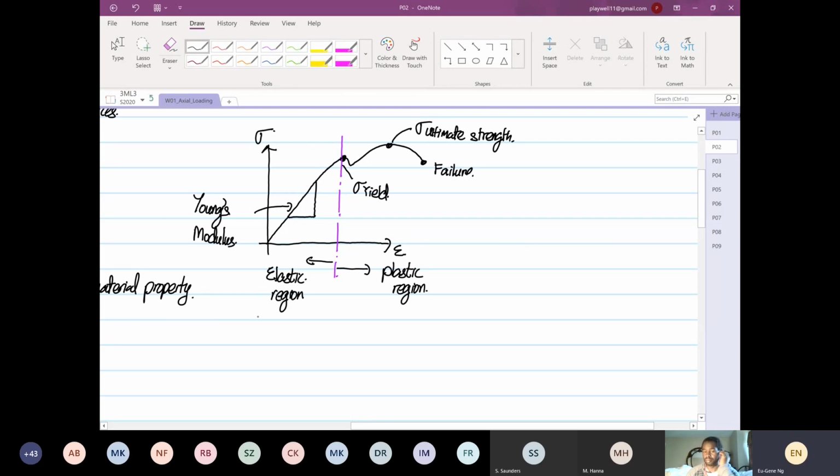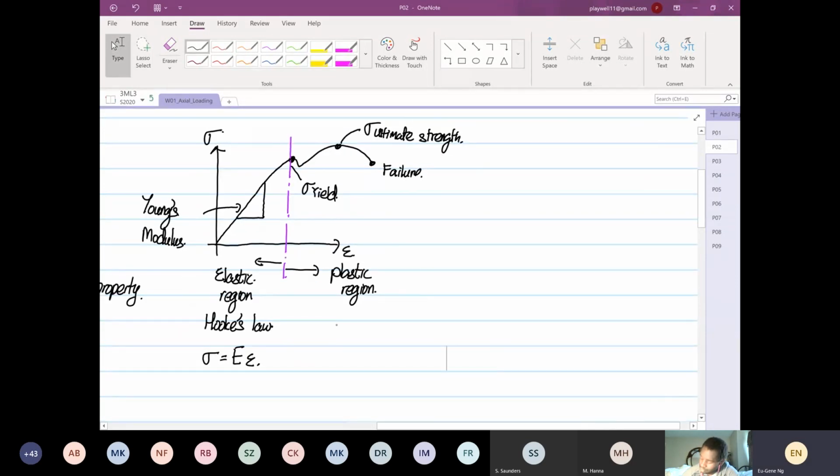And this you will obey Hooke's law that states that stress is equal to Young's modulus multiplied by strain. On the right hand side, it will be based on stress is equal to A plus B epsilon to the power of n. Okay, so don't worry about the right hand side equation. Focus on the left hand side.